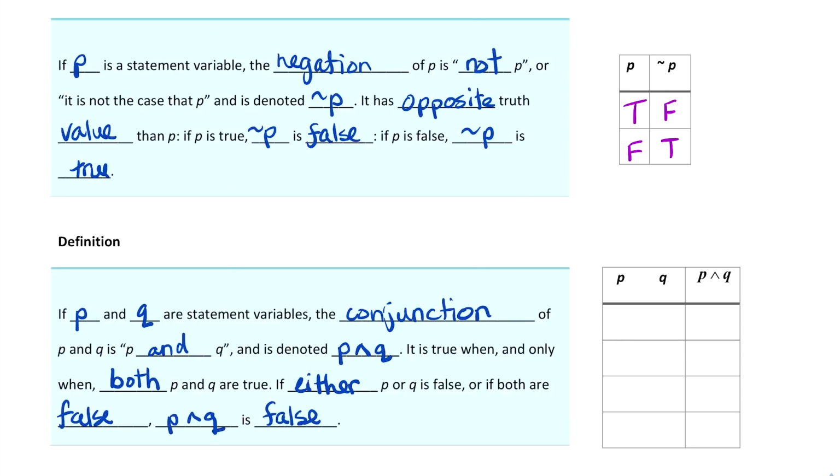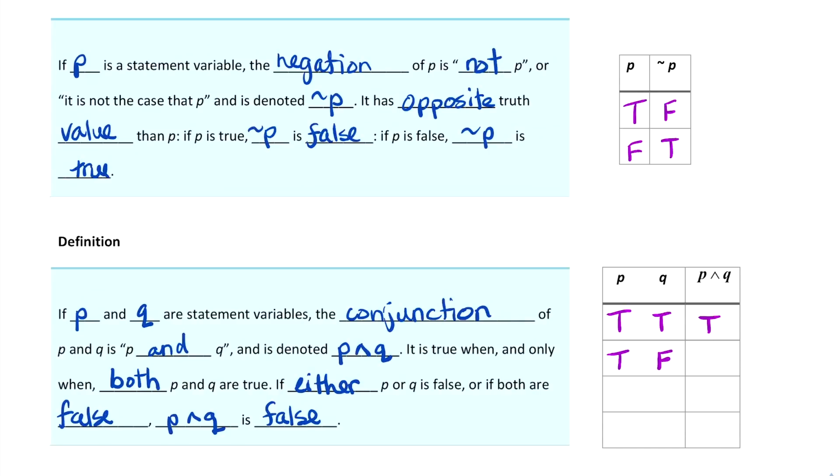All right, if P is true and Q is true, then the conjunction of P and Q is true. And by the way, this is the typical order that people go in. They start out with both of them being true, and then they keep the leftmost one true and make the next one false.